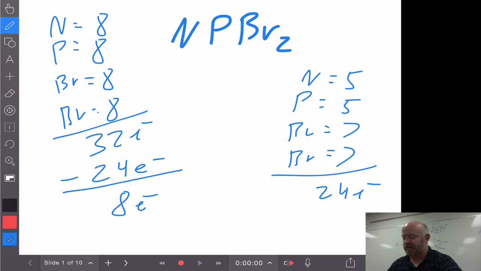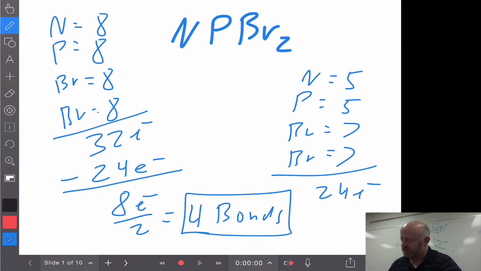Now, if I'm going to share 8 electrons, if I divide that number by 2, that tells me that I need to put on 4 bonds on this molecule. Okay, so this simple little math trick tells us right away that if they all wanted to have 8 electrons, but they only have this many, the comparison between the two gives me 8 electrons to be shared, which then equals 4 bonds that we're going to have to put on this molecule.